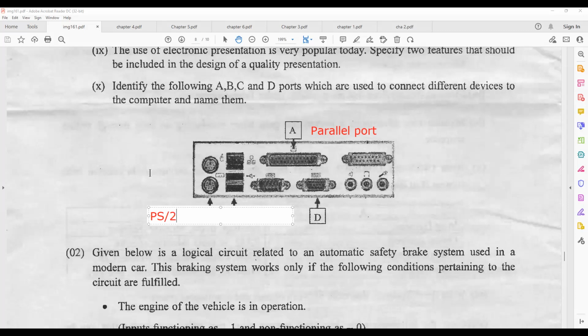These are two ports for mouse and keyboard. C, USB. D, VGA. That's all.